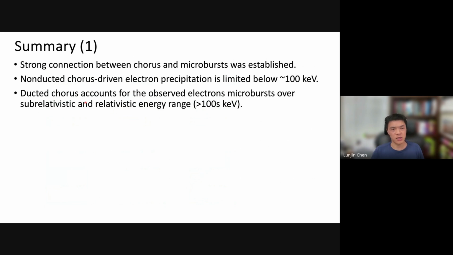So in this particular case, I present a case that non-ducted propagation will limit the electron precipitation to below 100 keV, but if there's a dense density duct structure, you may be able to account for electron microbursts over a large energy range, including the relativistic energy range.